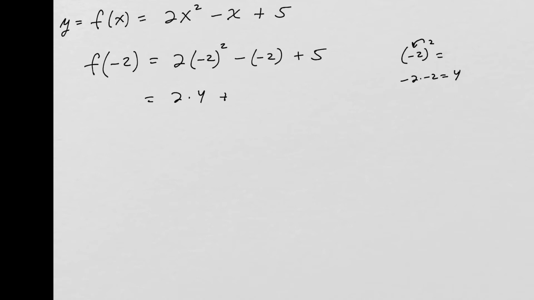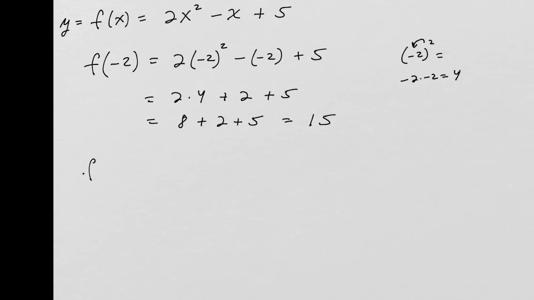So minus a -2 is plus 2, right? Plus 5. And then 2 times 4 is 8, plus 2, plus 5. So I guess this is going to be 15. So f of -2 is equal to 15. The output is 15. Or again, you could say y equals 15 if you want.